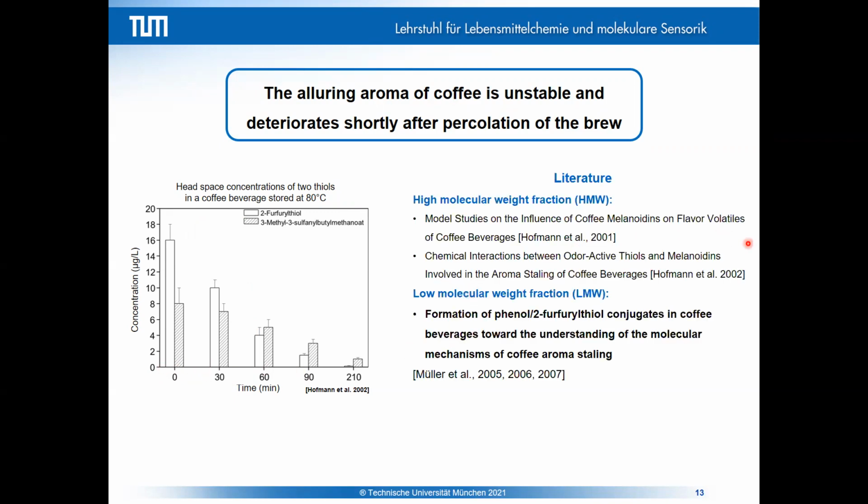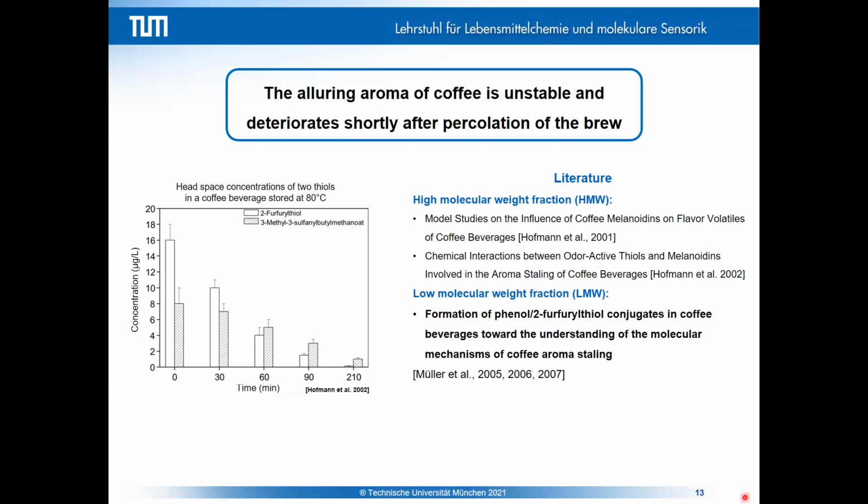In our working group, many other studies were performed with the aim of elucidating the molecular understanding of this so-called aroma staling, and they were able to attribute these reactions taking place to either high molecular weight or low molecular weight compounds found within the coffee brew.